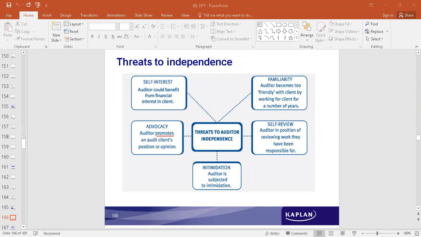Any reason why the auditor promotes his clients? What do you think? Why would they do so?